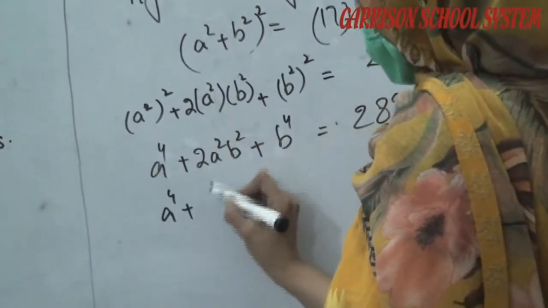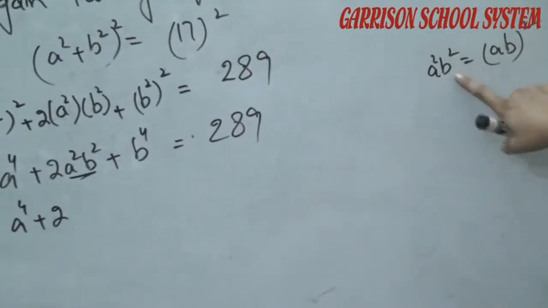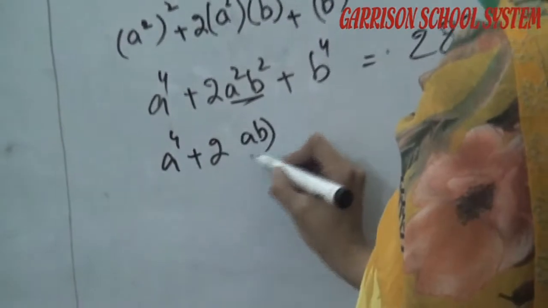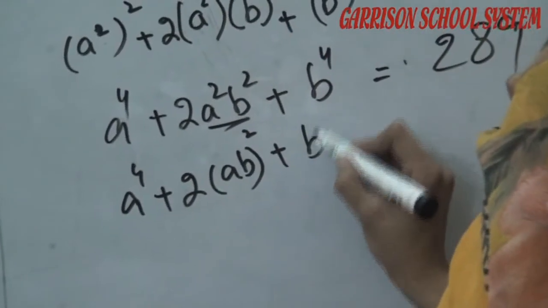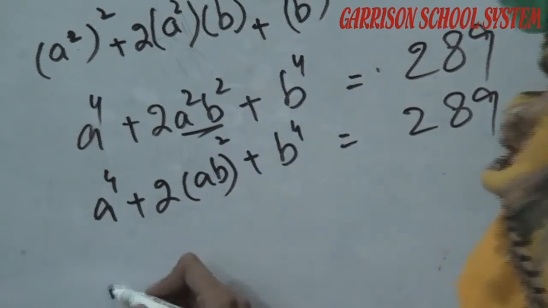A4 plus 2 a square b square, where a square b square is equal to ab whole square. So a4 plus 2 into ab whole square plus b4 is equal to 289.